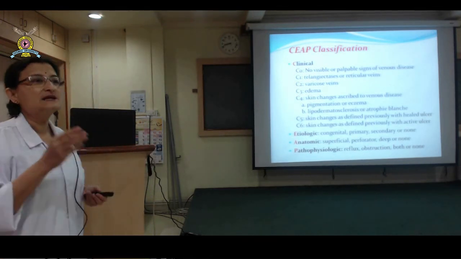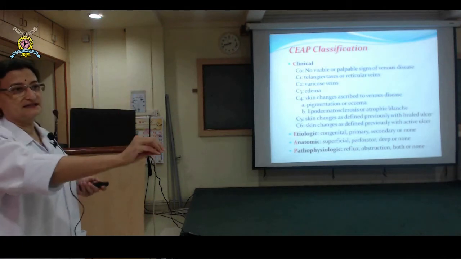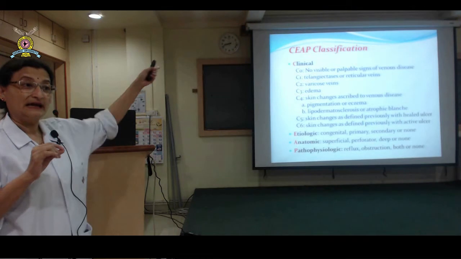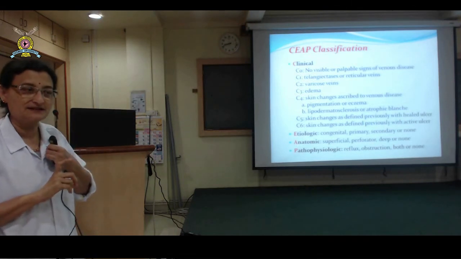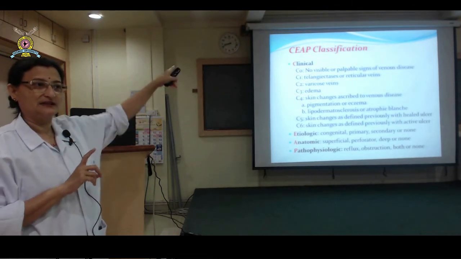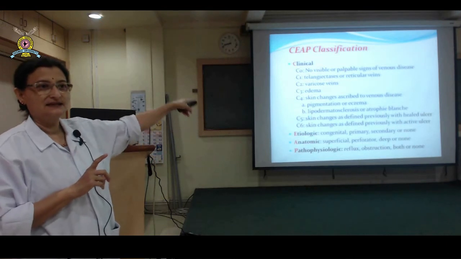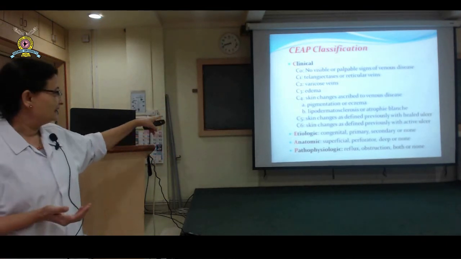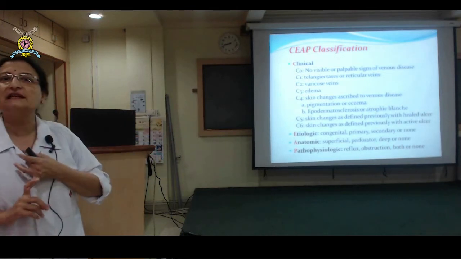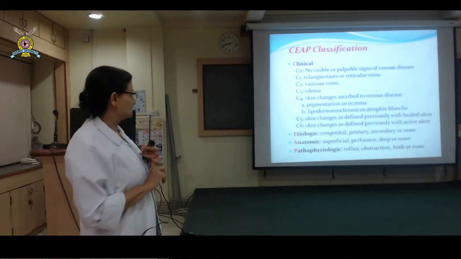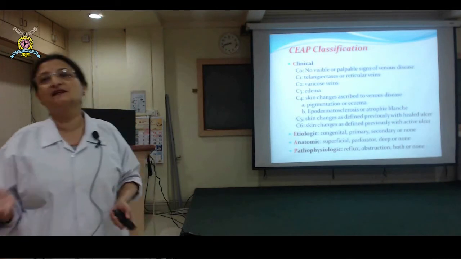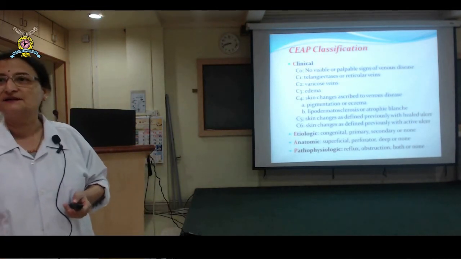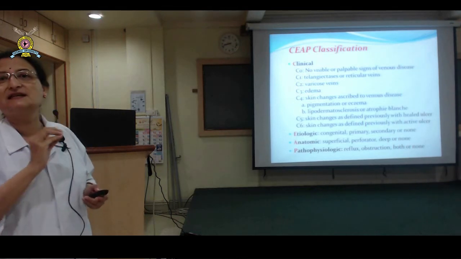If you want to say that this particular person has C this, E this, you first have to have a complete history of the patient and an examination that will give you the clinical diagnosis. Etiology, from history you will get the etiological diagnosis. Anatomic, Doppler will help you with the anatomic diagnosis, and pathophysiologic, with reflux or without reflux, with incompetent or without incompetent perforator. So that is the CEAP.